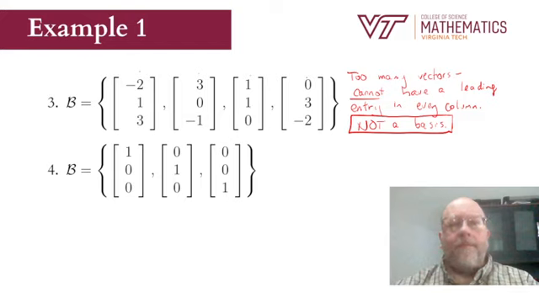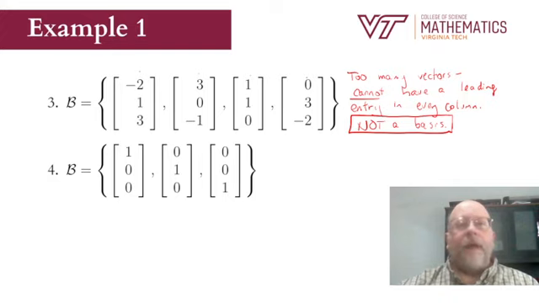All right. Number 4, I'm not even going to write the matrix. If you look at this, you can tell that it is already in echelon form. And in fact, this is not just a basis. This is E1, E2, E3.